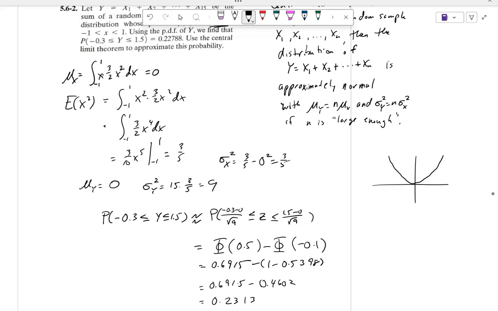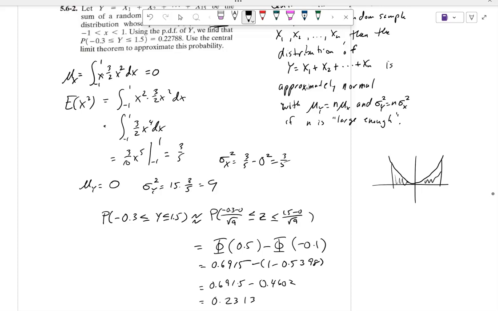Our distribution looked like this, kind of like the reverse of mound shaped. Okay. So, but it's still not bad. It's pretty close, right? If we took a higher random sample, it'd be even better. But this is how you use the central limit theorem on these problems.